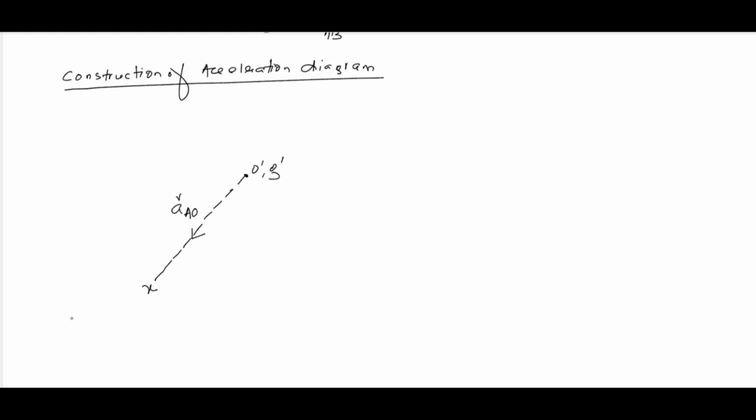What will be its magnitude? What is the formula for radial component? It will be omega square AO divided by OA, isn't it? So we know the magnitude, and its direction will be parallel to the crank OA. So you'll get point X.